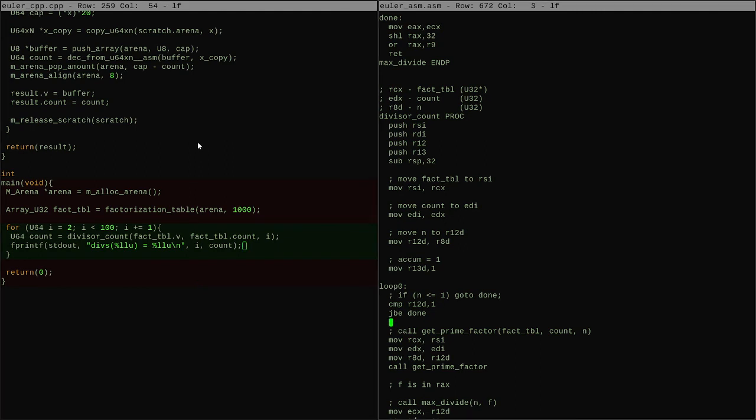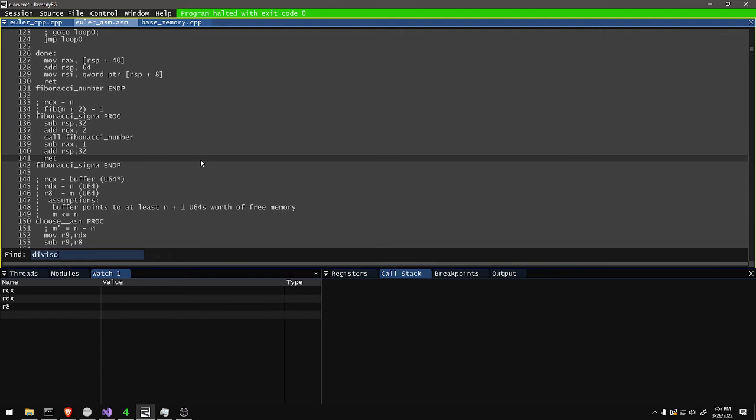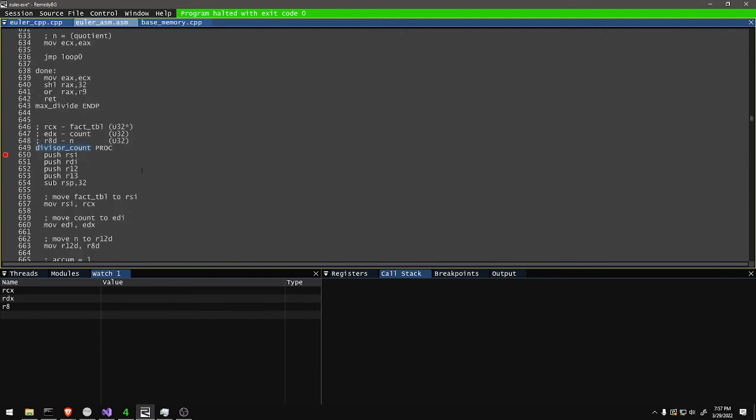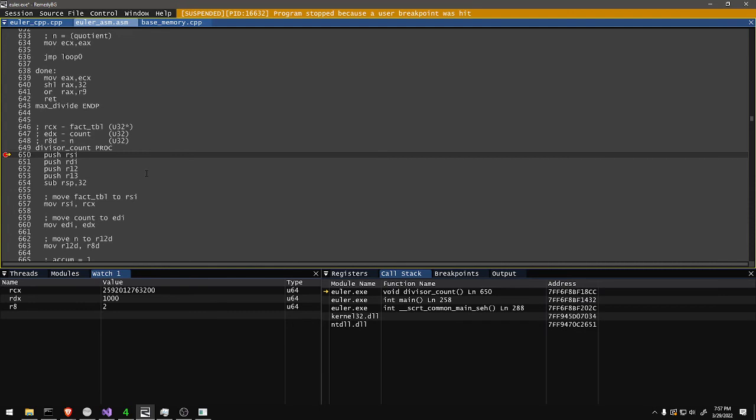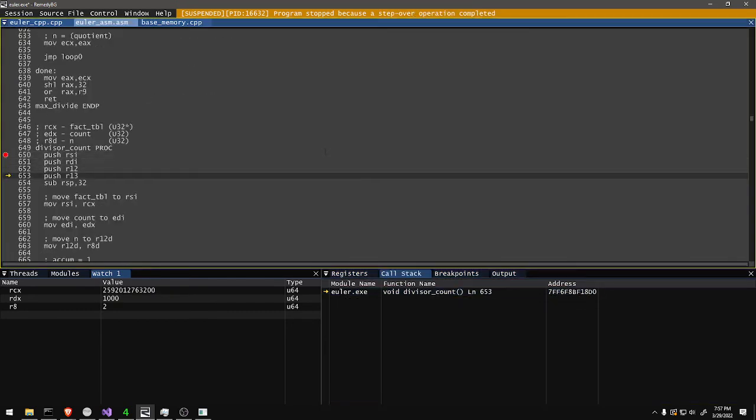So now what I want to do is step into divisor count in the assembly. And here, unwinding is working. What happens if I step further? Yeah, so you can just see it just gets totally busted.